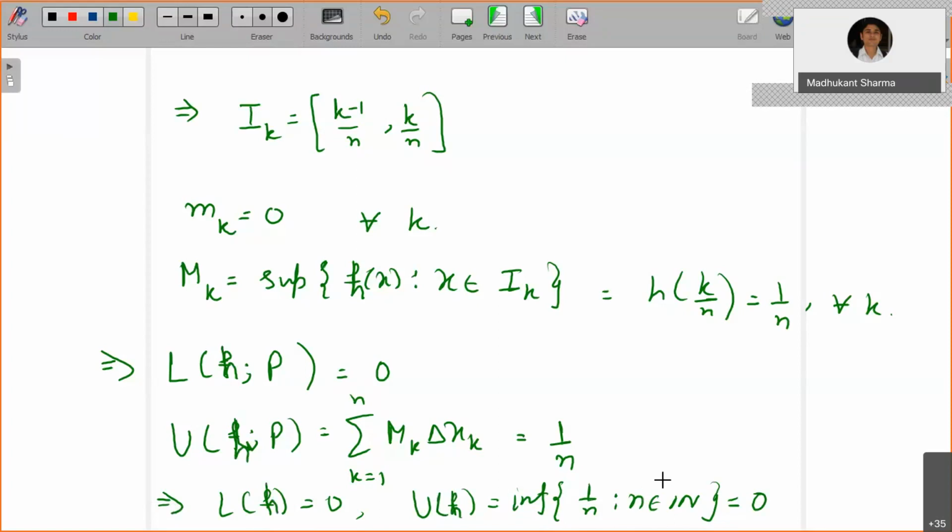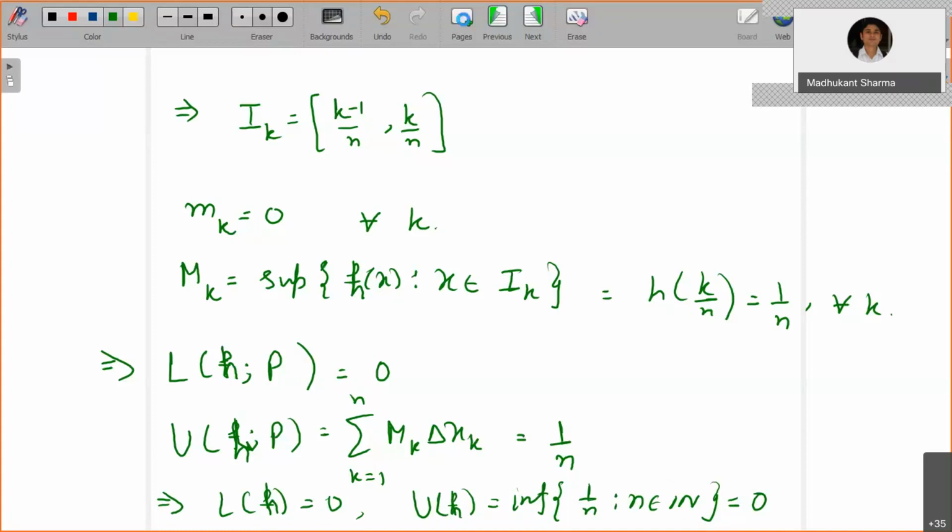I can tell you the conclusion: either you work with the sequence of partitions or you work with a random partition, both are going to be the same in terms of the Riemann integrability criteria. So this shows that the Thomas function is Riemann integrable.